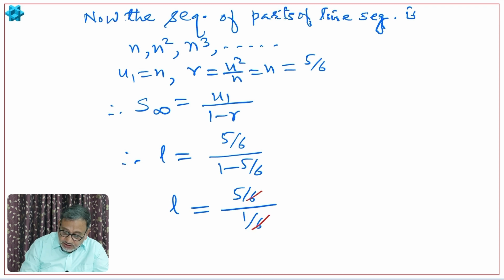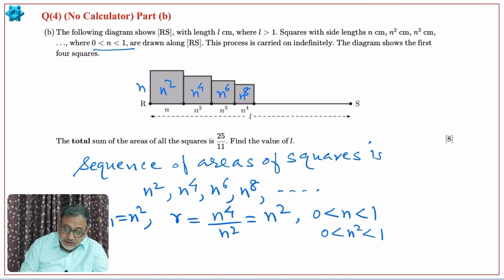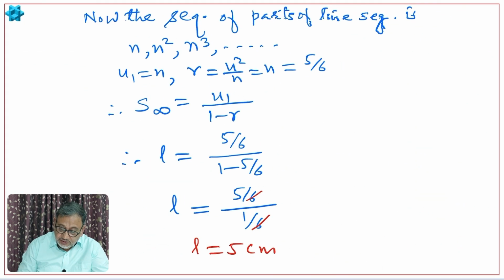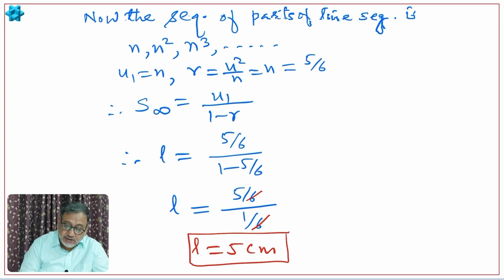So 6 and 6 get cancelled. So L is equal to 5 centimeter because it was given in centimeter, right? So it is in centimeter, right? This is the value of L, okay?